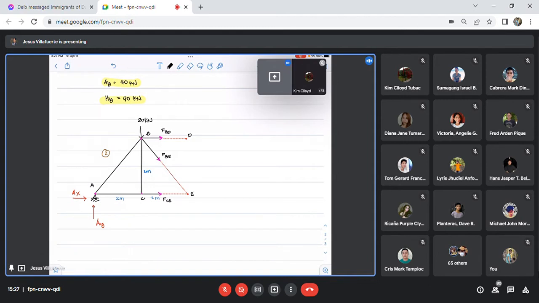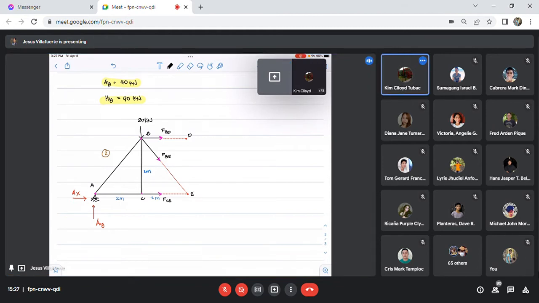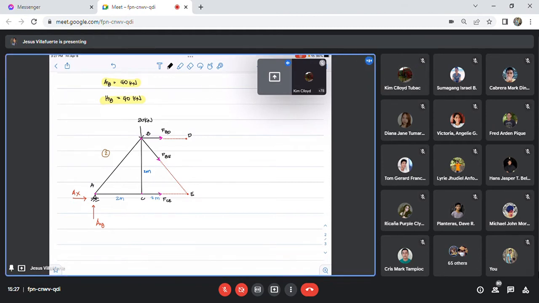These are connected at the joint B. So if I take summation of moments, I do not have a moment arm because they are acting at that joint. So therefore, BD and BE contribute zero.